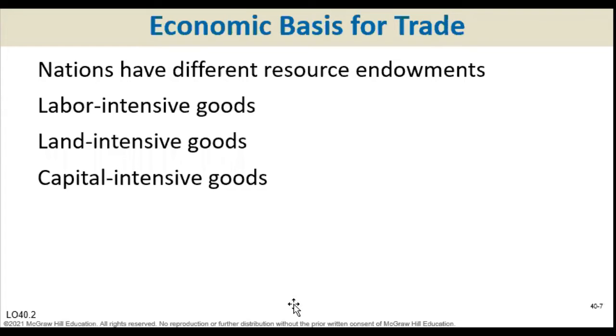Other countries may be blessed with an abundance of natural resources like land, Mexico for instance, so it may make sense to produce land-intensive goods in those countries efficiently. And an industrially advanced nation like the US can produce goods that require large amounts of capital at a low cost.